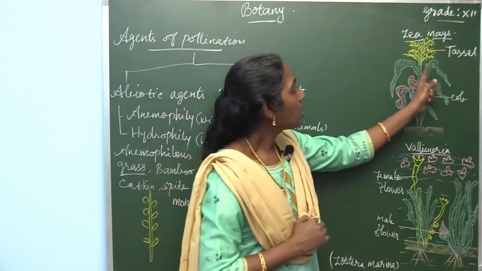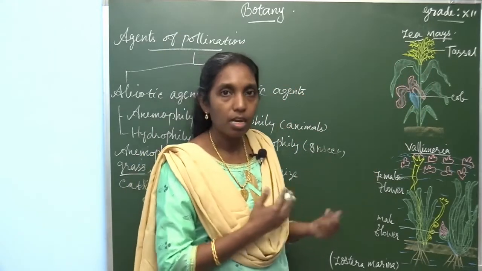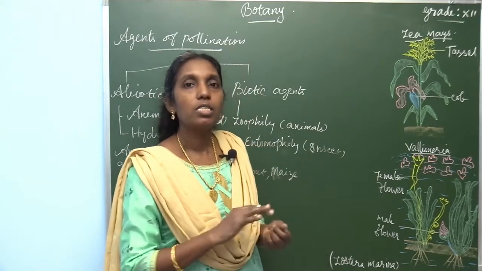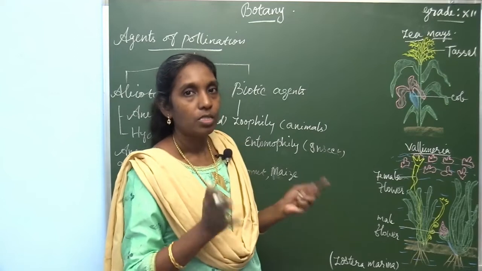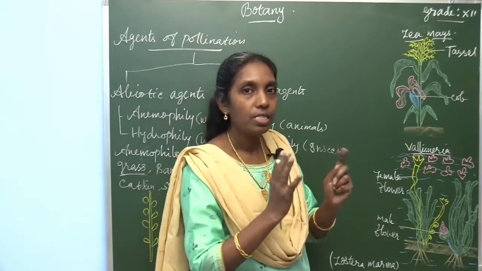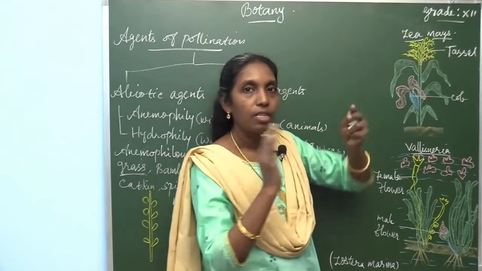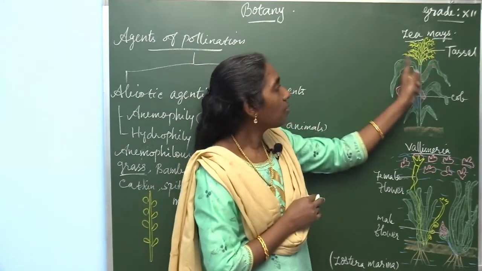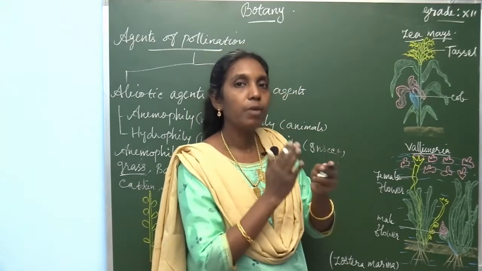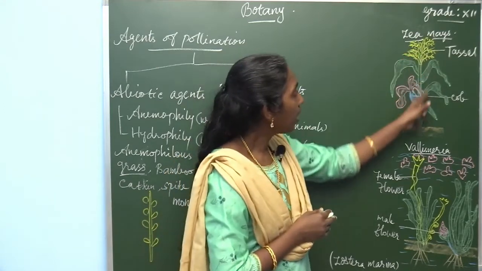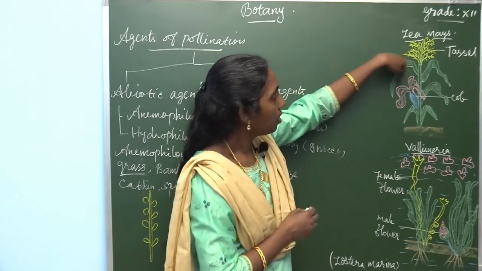Now, in this maize flower, pollen is not carried by a light breeze. When a heavy wind shakes the male inflorescence, that is, the tassel is shaken by wind, the pollen grains are dusted on the stigmatic surface of this region.